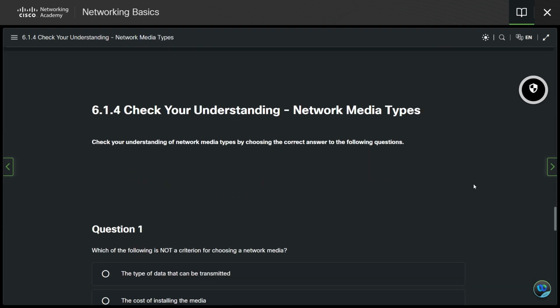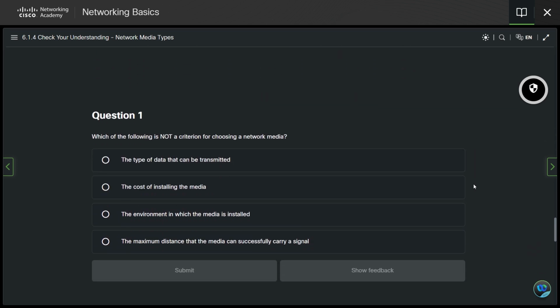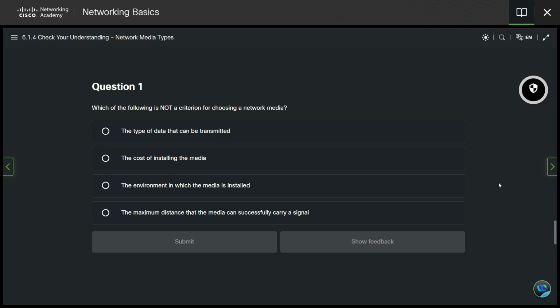Let's finish by checking your understanding of network media types by choosing the correct answer to the following questions. In the first question, which of the following is not a criterion for choosing a network media? The type of data that can be transmitted, the cost of installing the media, the environment in which the media is installed, or the maximum distance that the media can successfully carry a signal?